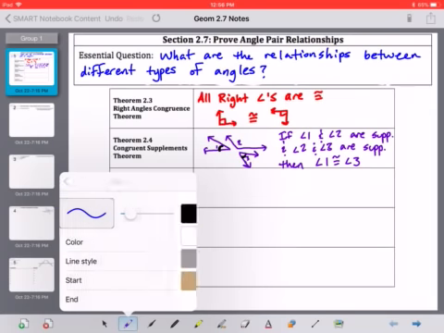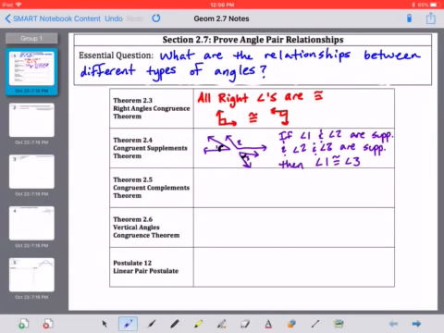All right, let's look at Theorem 2.5, the congruent complements theorem. This is actually very similar to the congruent supplements. So say we have this angle 1 here, angle 2 here, and over here angle 3.